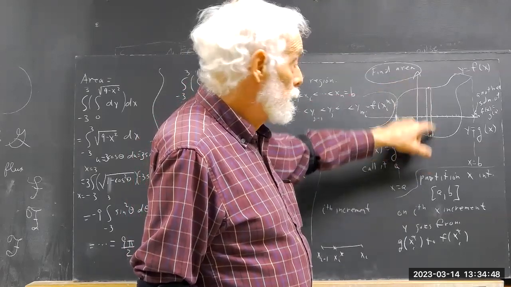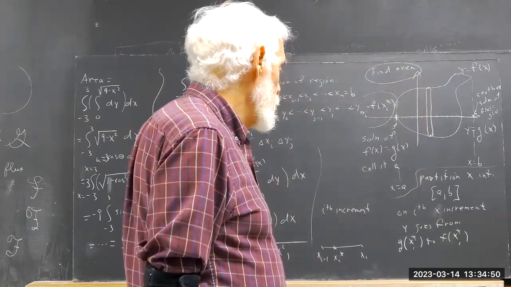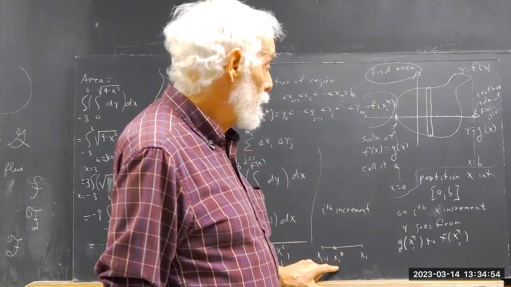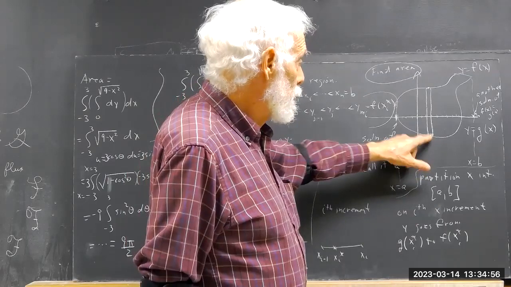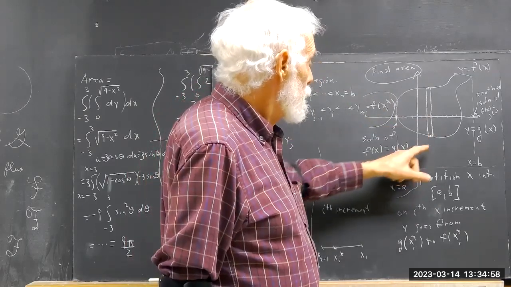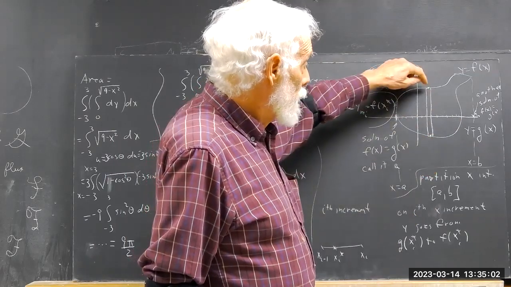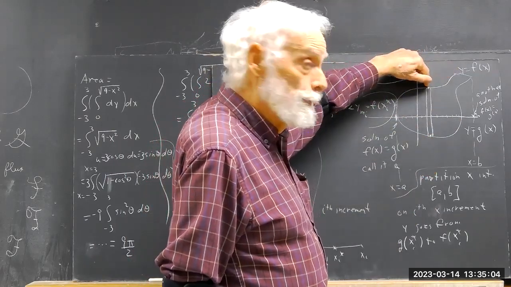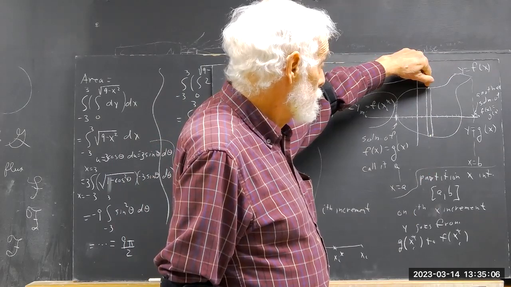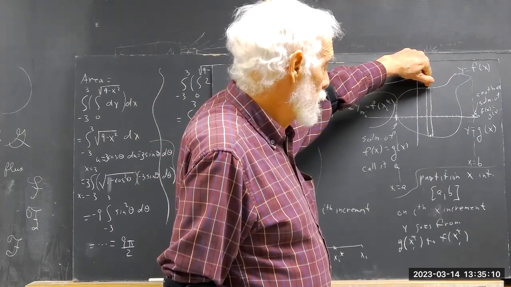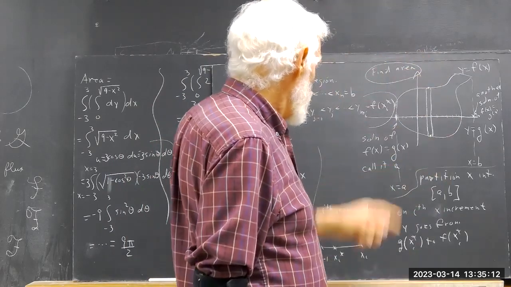What's this y value? What's this y value? Well, we're modeling everything within the strip in terms of x i star. So down here, we're on the g of x curve. This point would have y coordinate g of x i star. This is on the f of x curve. This would have y value f of x i star. Okay.